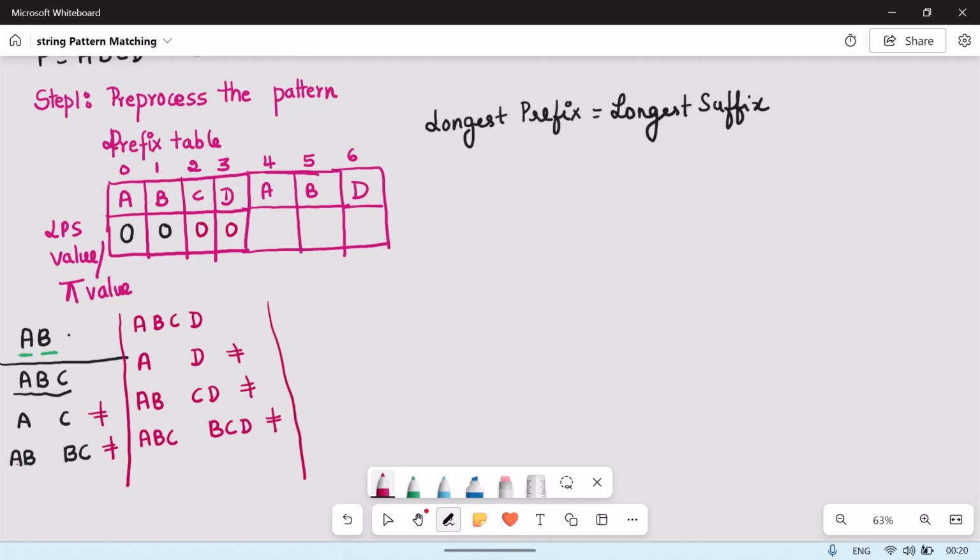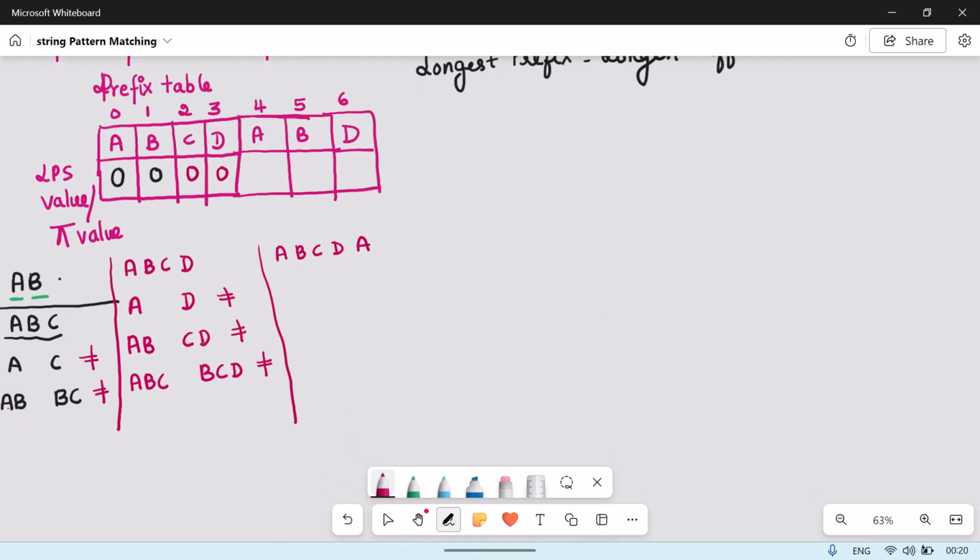Next, take the next one. That is A, B, C, D, A. By now you should be clear with this step, right? So first A and A, one character, then two characters, then three characters, then four characters. I think this is all that is possible.